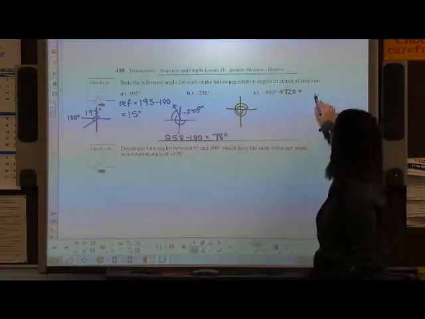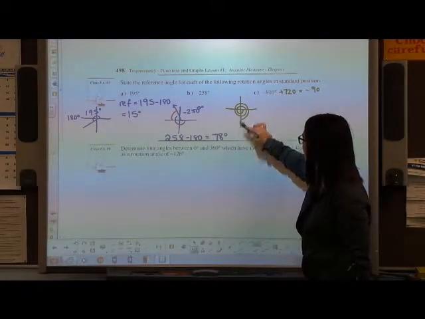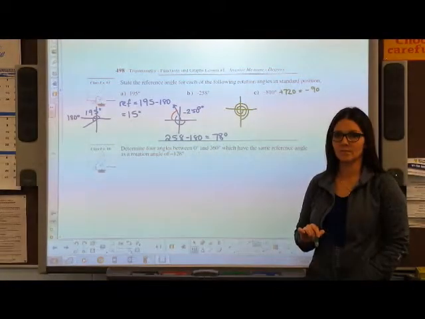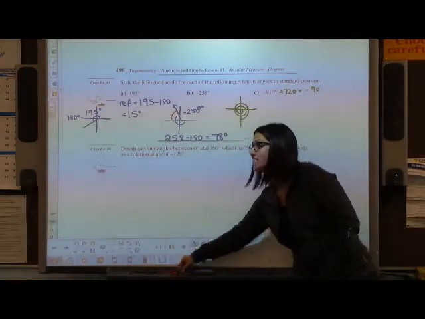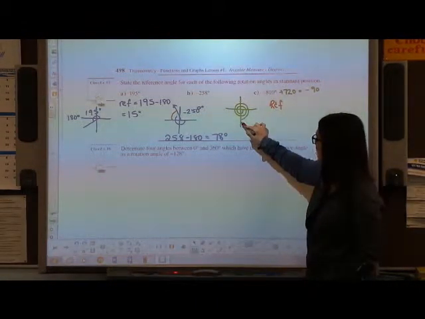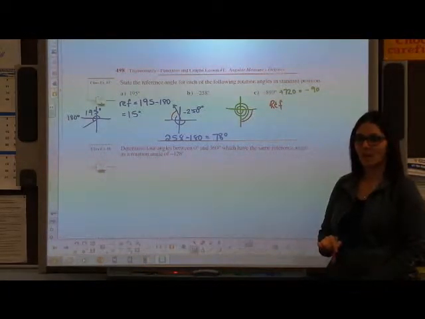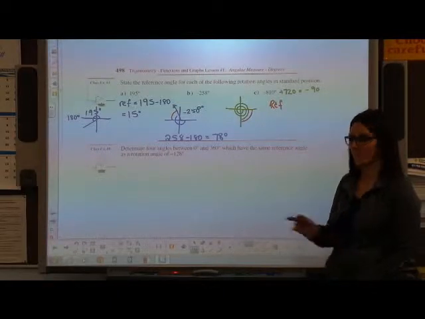Negative 90. So then that puts me right there. So then my reference angle is the measurement from the terminal arm to the x-axis. How many degrees is that? 90 degrees.